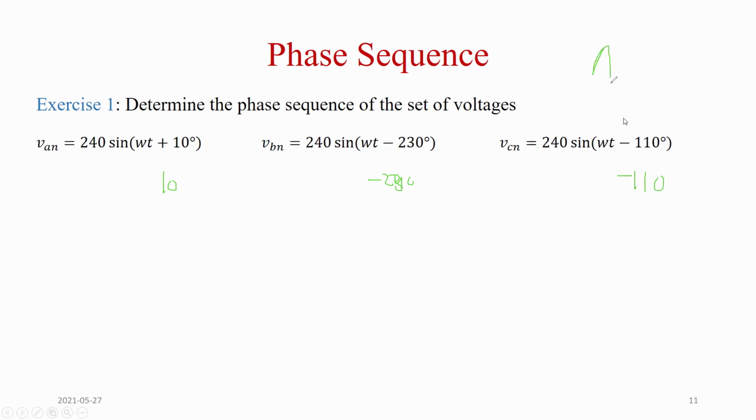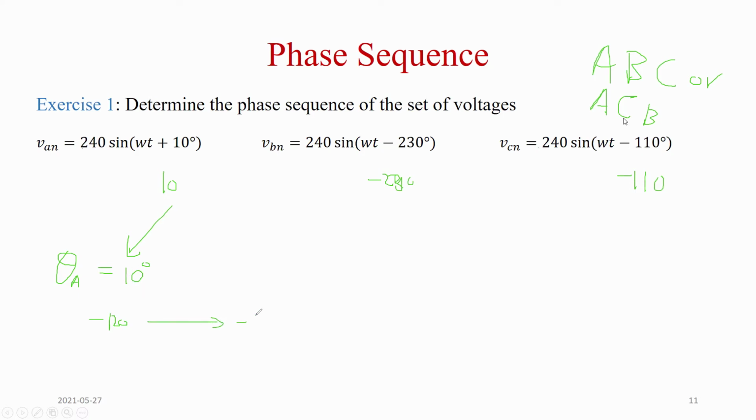Is it A, B, C, or is it A, C, B? So how do I do this? I take the A. This is the angle of phase A. It's 10. If I subtract 120, where do I go, the one behind it?